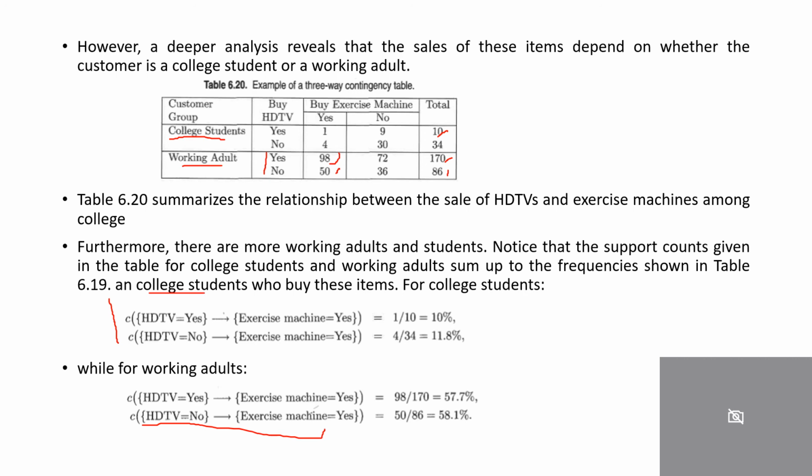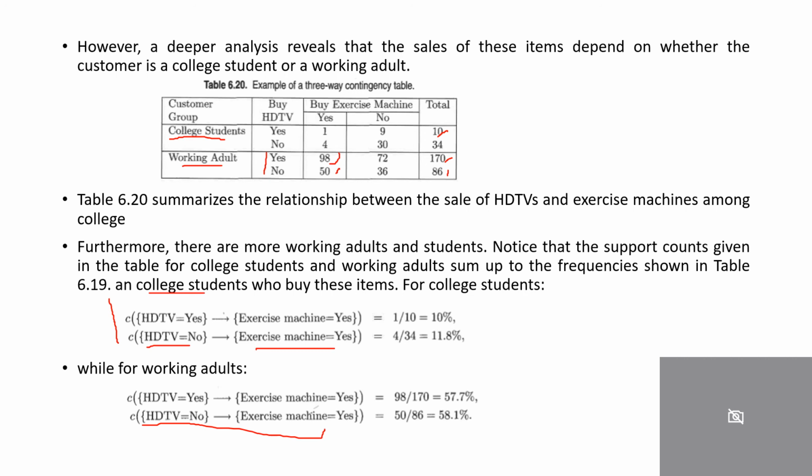So this suggests that a person who has not bought the HDTV has purchased the exercise machine. Similarly, here 58.1% is greater than 57.7%. This clearly indicates that the confidence for the person who has not bought the HDTV purchasing the exercise machine is more.